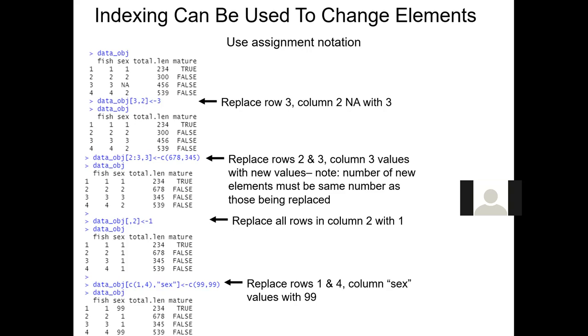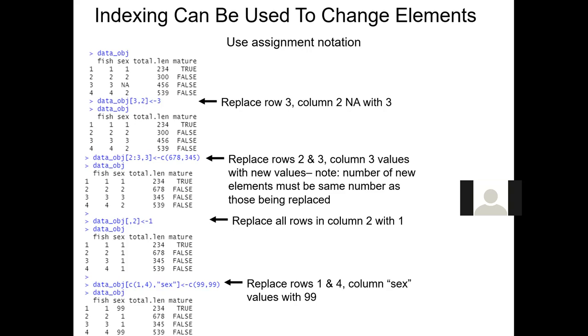Since you are specifying 2 rows here, and you want each of those values to be different, you have to have values for the same number of rows. So in this case, I'm assigning the values 6, 7, 8, and 3, 4, 5 to rows 2 and 3.